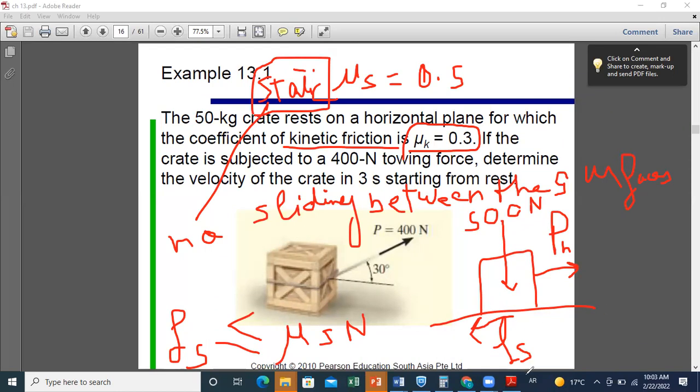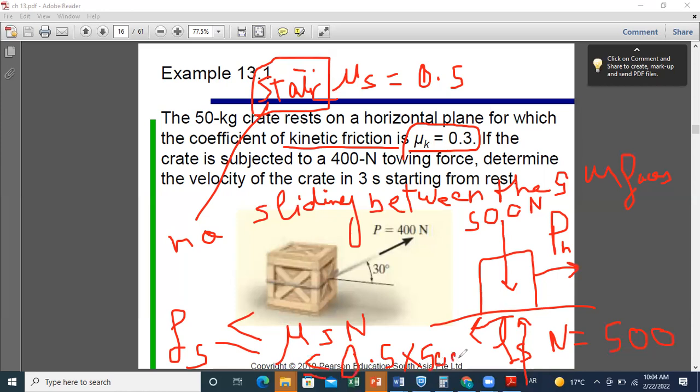So just the normal here, N, will be equal to the weight. So N is equal to 500, let's say. Now, since F is smaller or equal to mu s N, then I can say that F will be smaller or equal to 0.5 times 500, which is 250.